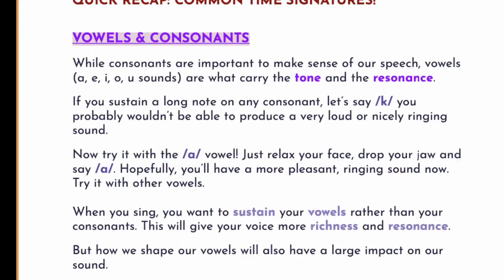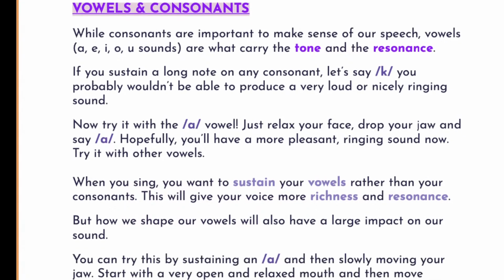But while singing, that's not the case. It's easier to make sense of our speech, but vowels, A, E, I, O, U sounds, are what carry the tone and resonance, especially for a singer. The way your tone sounds, what parts of your body resonate, all of this depends mainly on the vowel sounds.